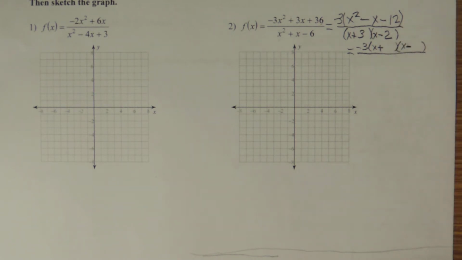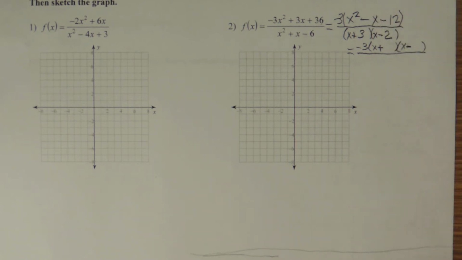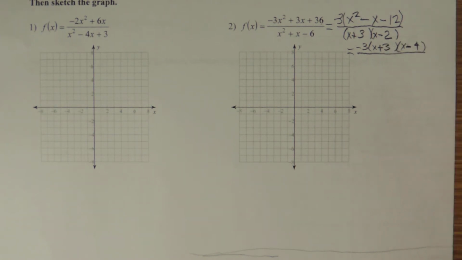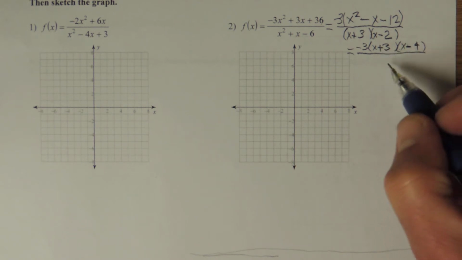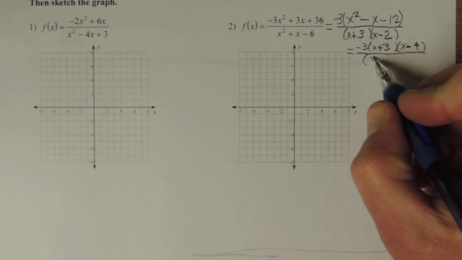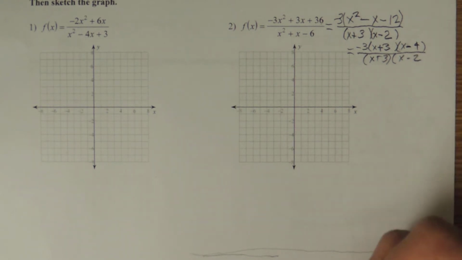And in this case, I need to multiply to get negative 12. 1 times negative 12 would do that, but they won't add up to negative 1. So I'm going to try 3 and negative 4. That gives me negative 12. Negative 4x plus 3x gives me negative x. So I'm comfortable with that. x plus 3 times x minus 2. So I have my factored form of the equation.